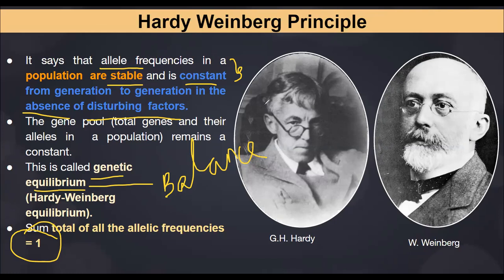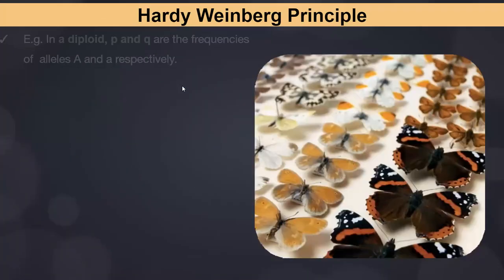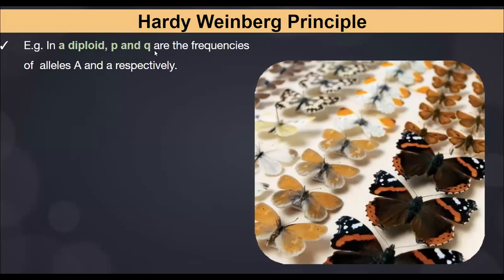It is given by a formula. For example, in a diploid organism, p and q are the frequencies of alleles A and a respectively. For capital A, we know this, right? Let's say in a hybrid tall, capital T and small t.